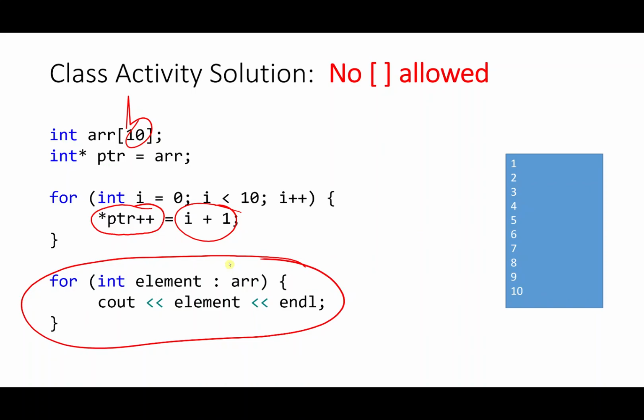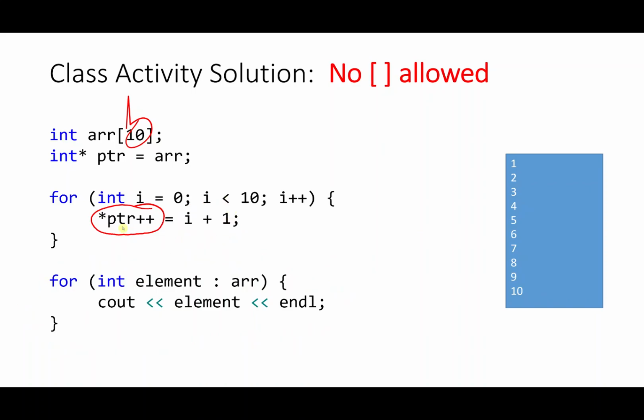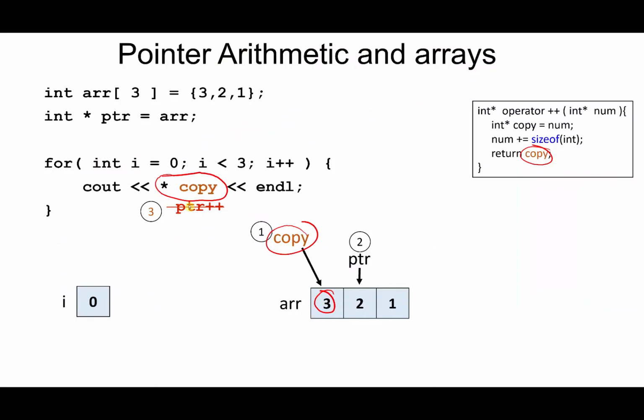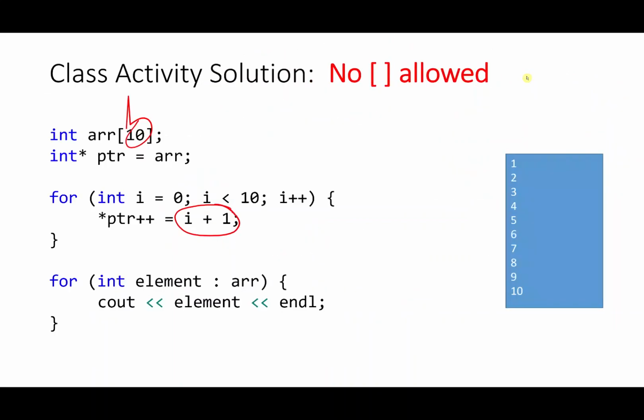Here's one solution, and remember, for this one, it's going first to finish the right hand side, which is I plus 1, 0 plus 1 equal 1, then doing the thing in this function, making copy and moving the PDR, and then dereferencing the copy, and that's it.